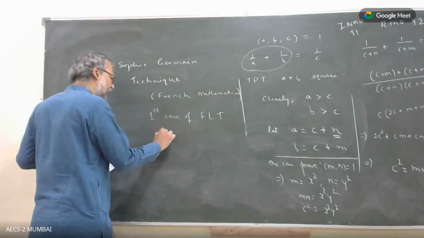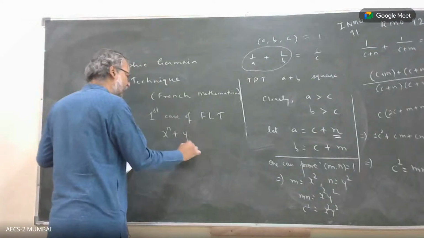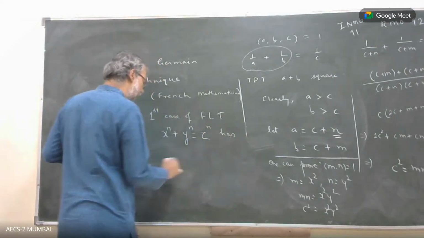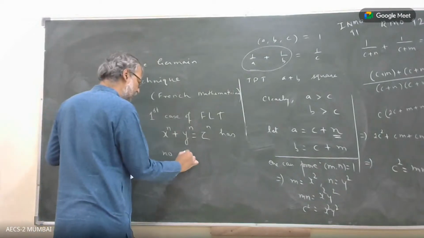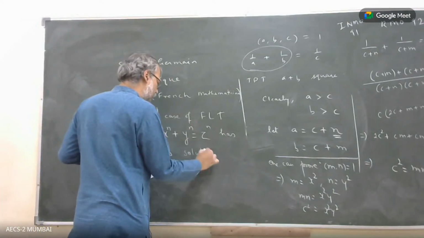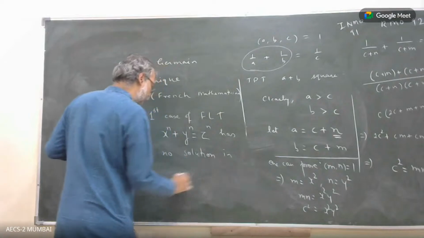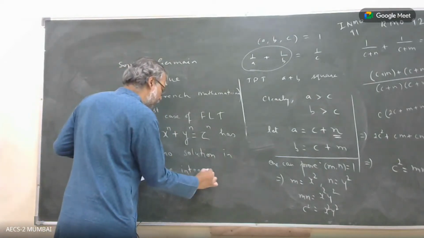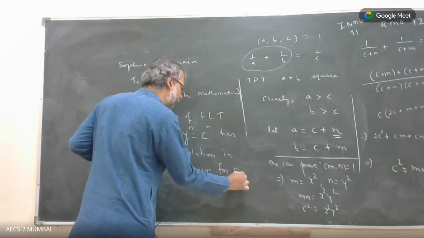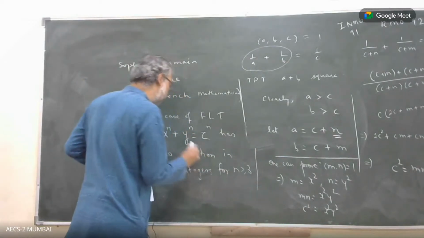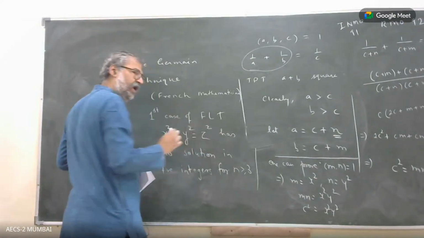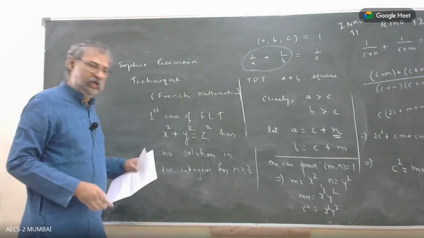Fermat conjectured that x raised to n plus y raised to n equal to z raised to n has no solution in natural numbers for n greater than or equal to 3. For example, if you replace n by 2, then there are infinitely many solutions, right?